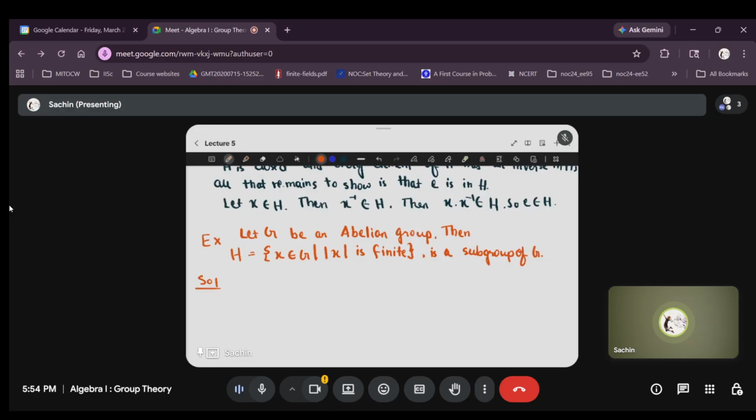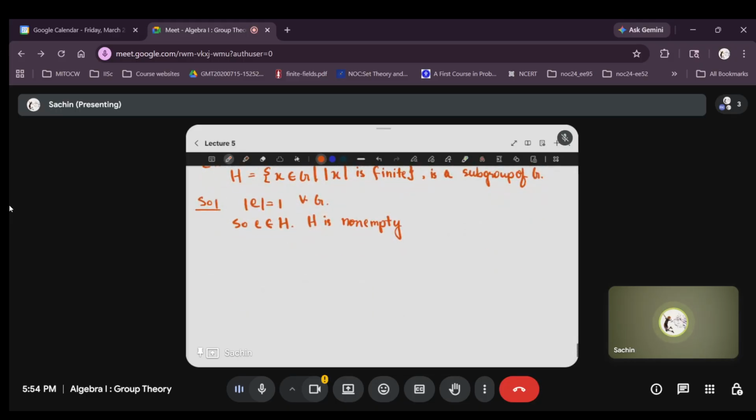Now, first we have to show it is non-empty. Now we can come to the two-step subgroup test.